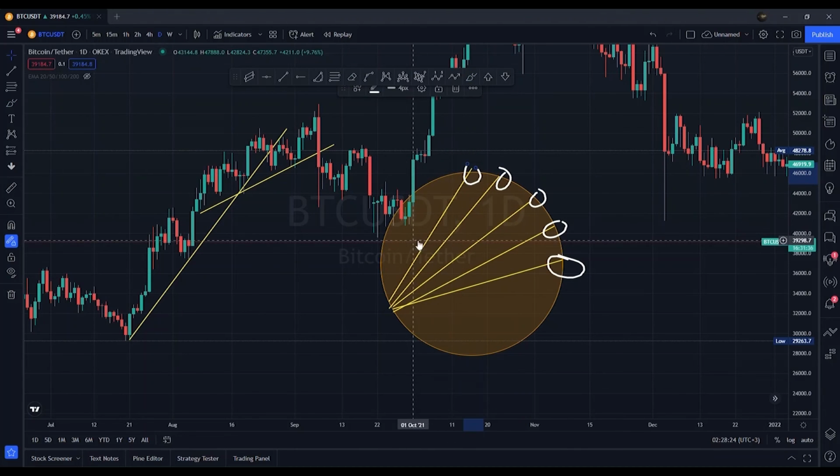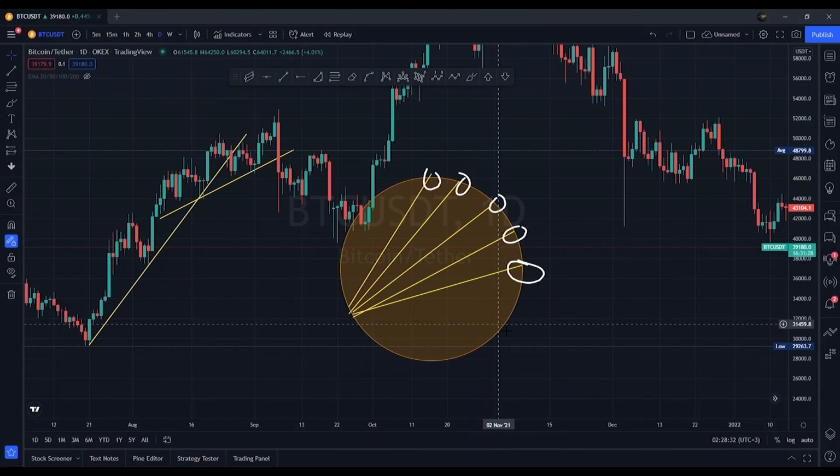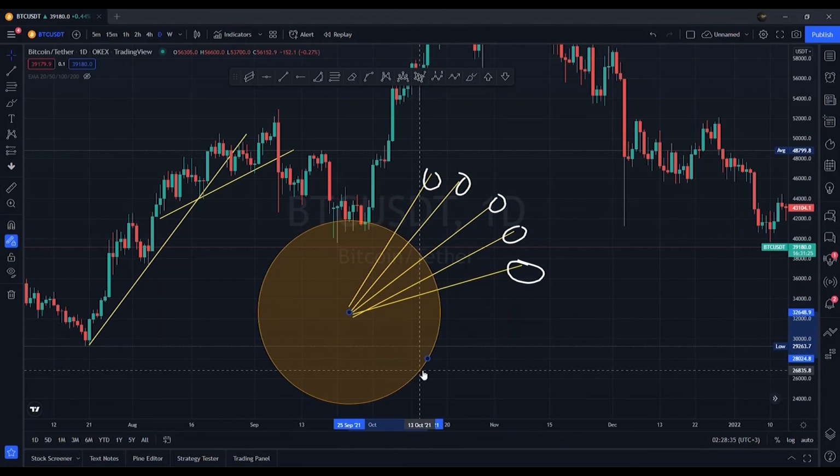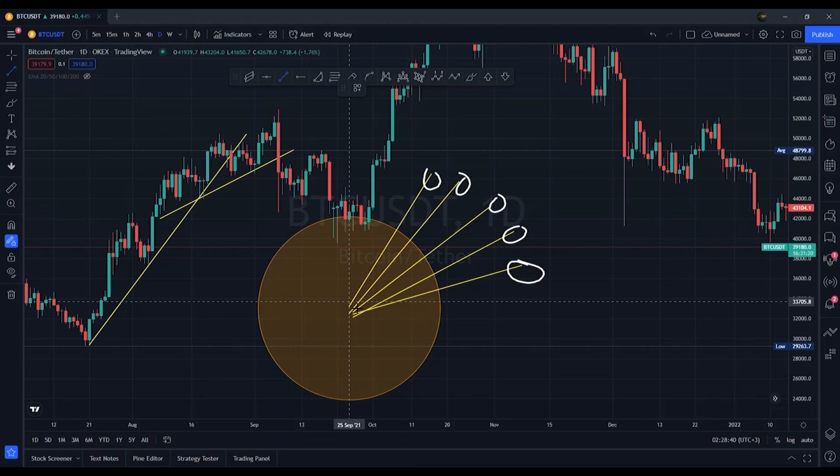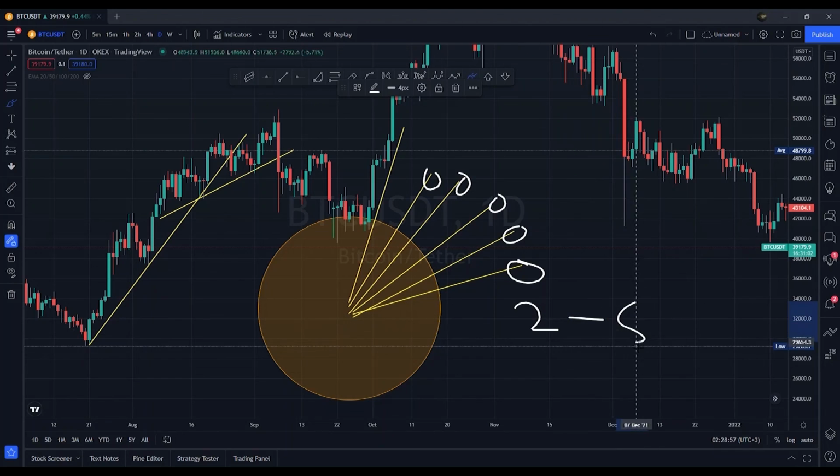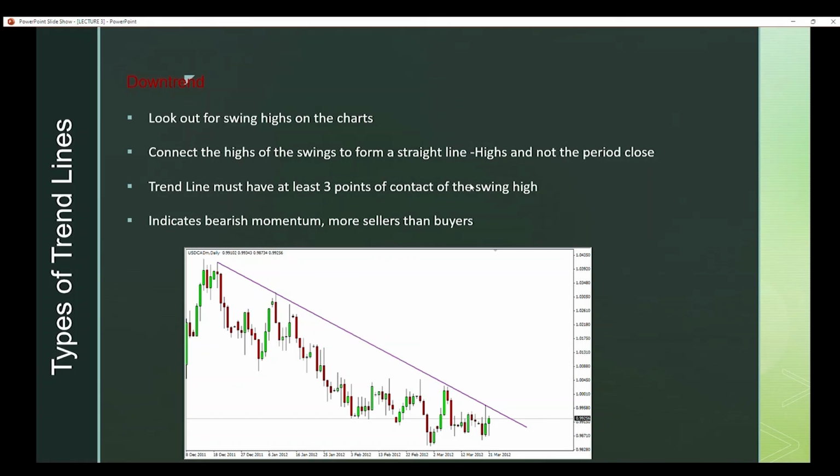If we choose 90, it is impossible to form a 90-degree trend line, because we said it is sloped. But from 2 to 85 degrees angle, downtrend.